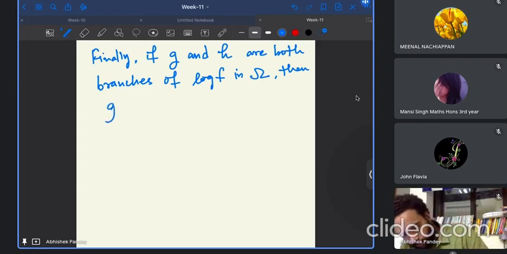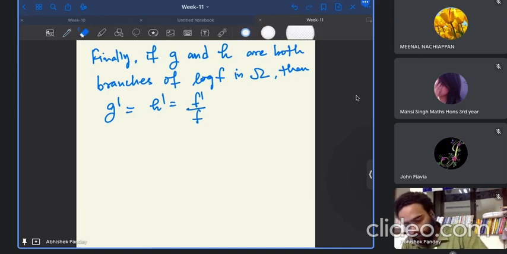It means that G dash equals H dash, which is basically f dash by f in omega.